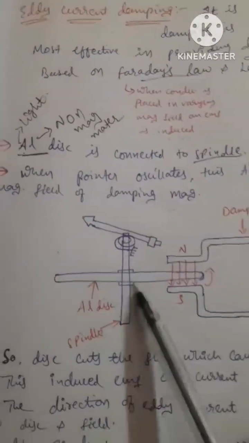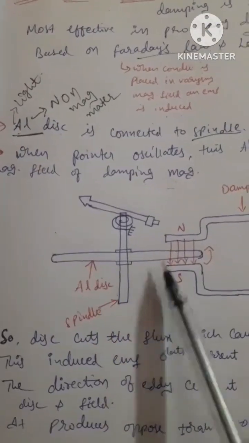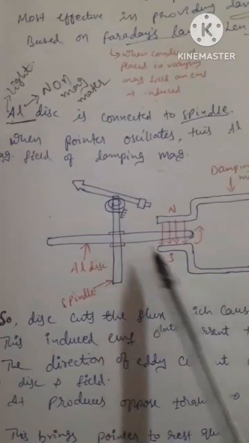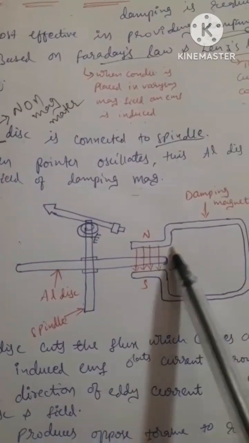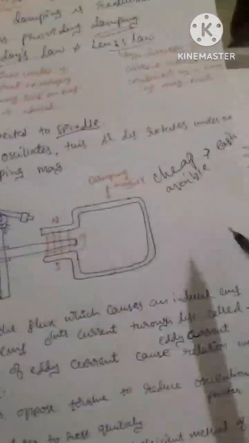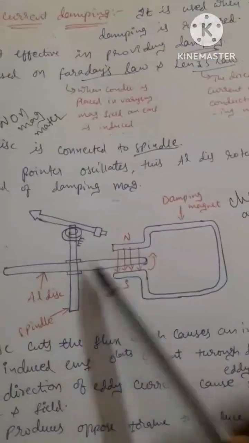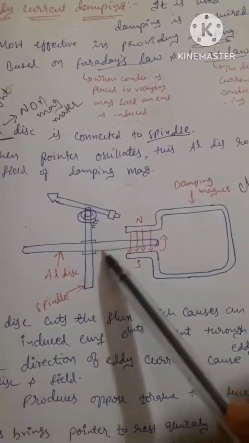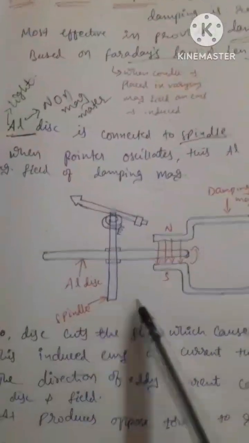So this disc cuts the flux, which causes an induced EMF. This induced EMF circulates current through the disc. These circulating currents are known as eddy currents.